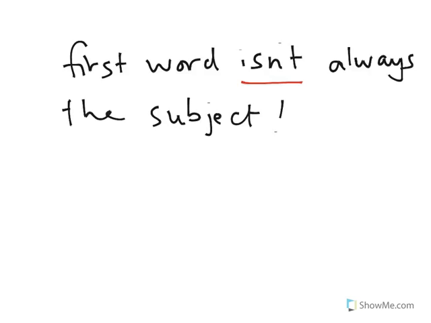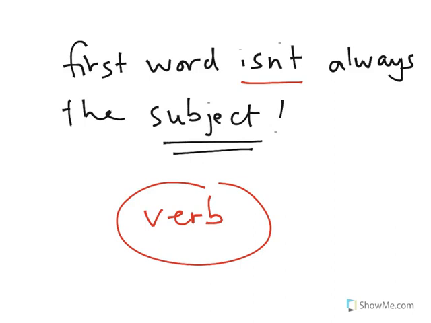Hopefully, you now know that the first words you encounter in a German sentence aren't always the subject. And you now know what the grammar term subject means. You have a method for figuring out what the subject and what the object and what the indirect object are in a sentence. You know to start with the verb, the action in a sentence.